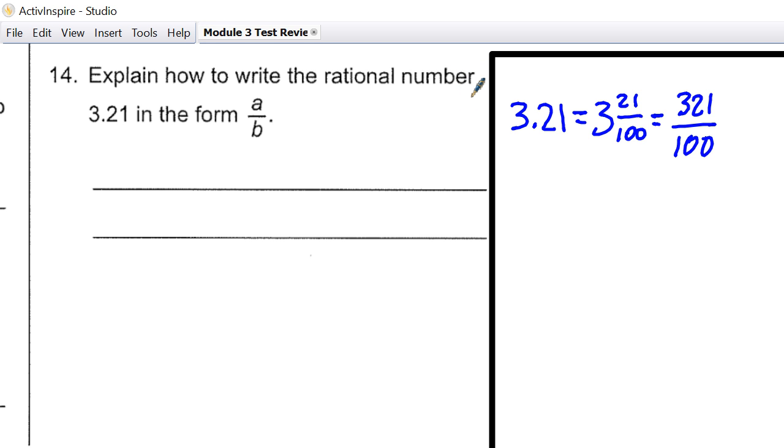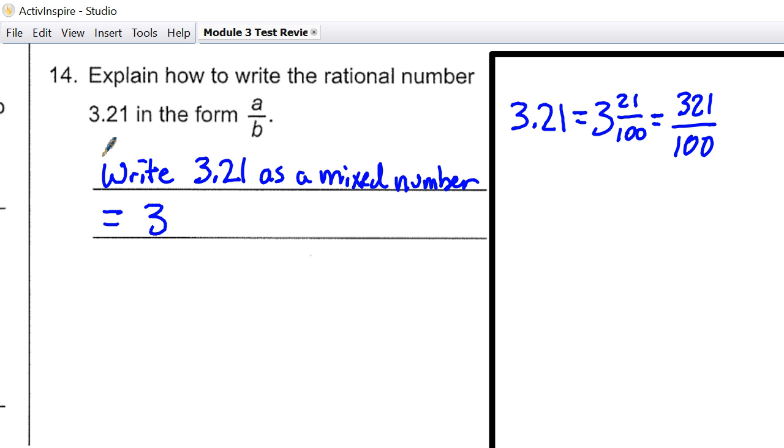That doesn't totally answer the question because the question says explain how to. So what I would do is I would say, write 3.21 as a mixed number, which is 3 and 21/100ths. And then I put a semicolon.